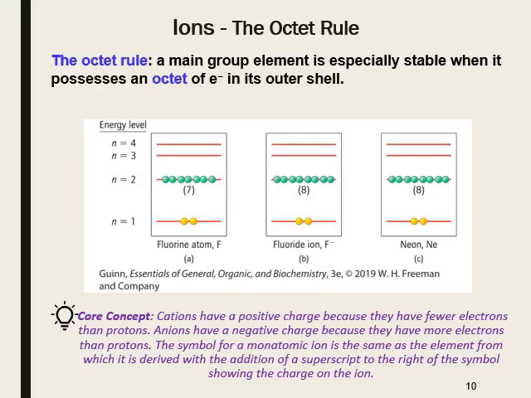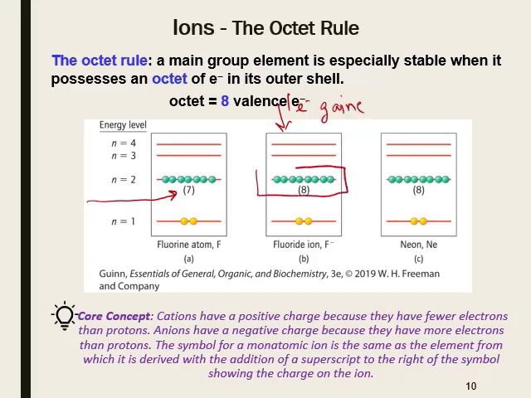Similarly, when we have a nonmetal, fluorine in this example, we can see that in its valence shell it has 7 valence electrons, and when it gains 1 electron, so 1 electron is gained here, now it has octet completed, and its electronic configuration is similar to the neighboring noble gas neon. That's why fluoride ion is stable.